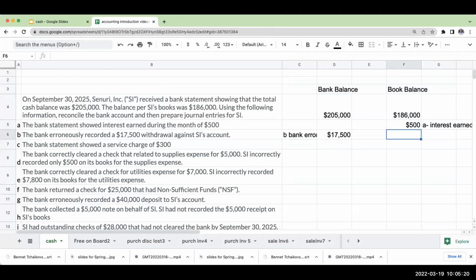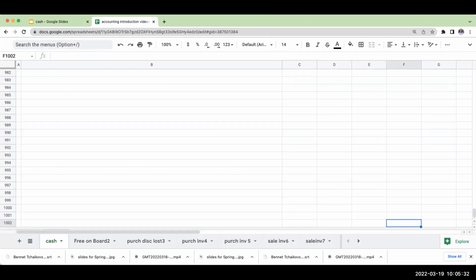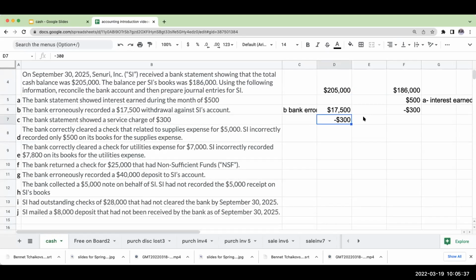So I'm going to show this over here as a deduction to my books, right? Because over here, my bank took out 300 for that service charge. I haven't done that yet. So I'm going to go ahead and do that over here. And my Excel skills are terrible, which is why it's always good to take that class, especially at Irvine Valley. Okay. Over here, this will be a bank service charge.